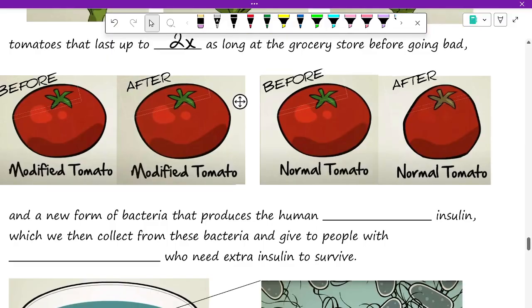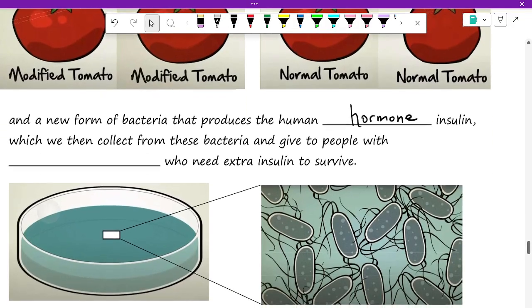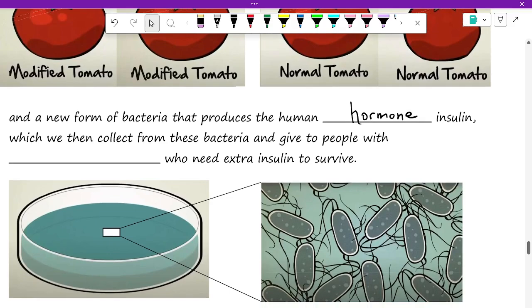And there's a new form of bacteria that produces the human, what is insulin? Insulin is a hormone, which we then collect from the bacteria and give to people with, what's the disease? Diabetes, who need extra insulin to survive.